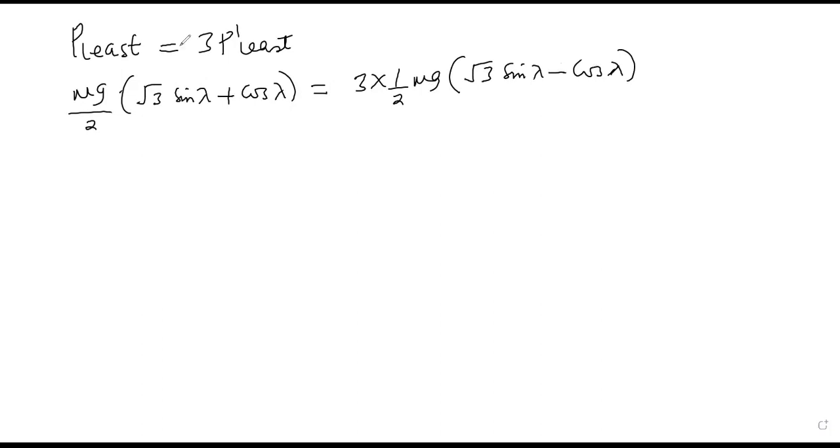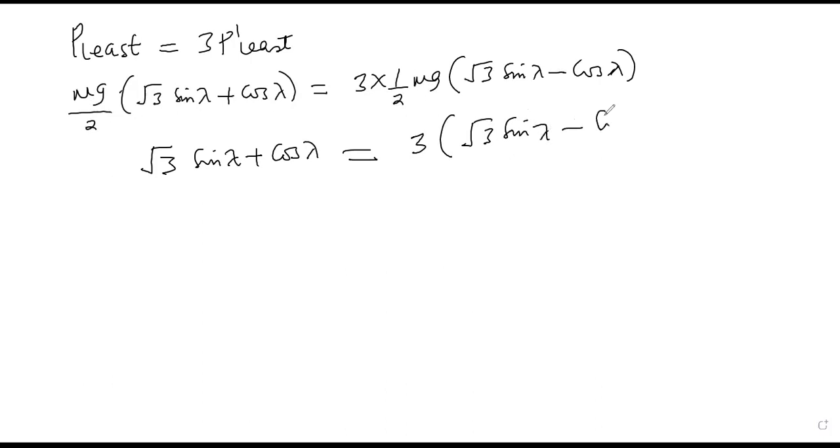Then now, mg over 2, either sides will cancel. So we shall have root 3 sine lambda plus cos lambda is equal to 3 times root 3 sine lambda minus cos lambda.